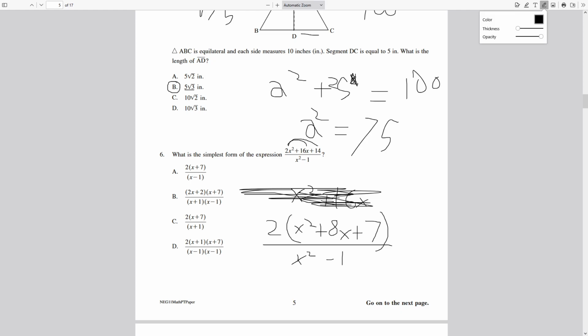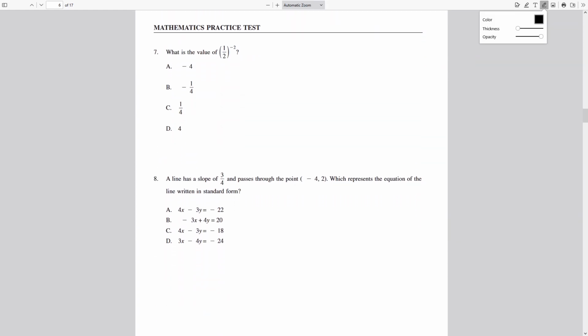I've forgotten how to do all this stuff. Wait a minute. X squared minus 1 is equal to x plus 1, x minus 1. Holy crap! This is it right here. It's B! Okay, alright. I'm good. Let's keep going.